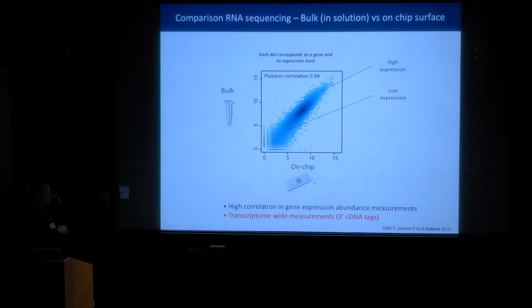So you capture both high abundant genes as well as low abundant genes. So we are not losing any genetic information by doing experiments on a glass surface. Another point is also that what we are doing here is just analyzing a part of the gene, the 3' end of the gene, which is something like 300 base pairs long.